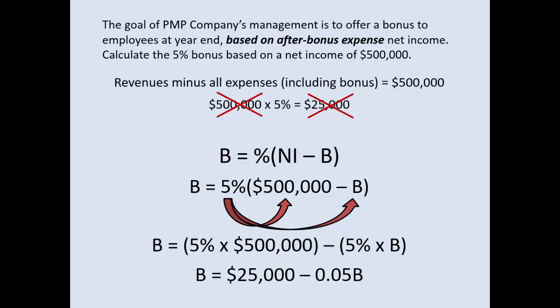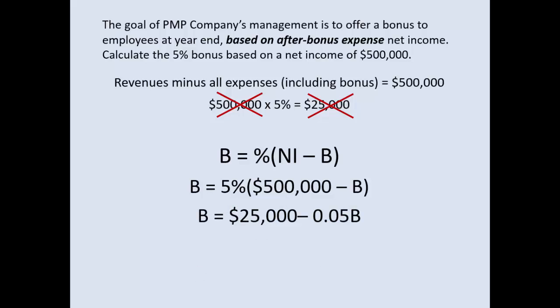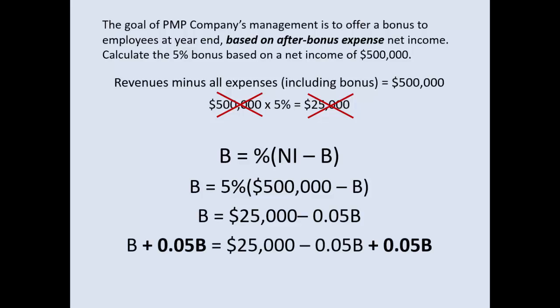Okay, now isolate B to one side. If it's a subtraction, I need to add it on both sides to isolate B to one side of the equal sign. Just basic algebra.